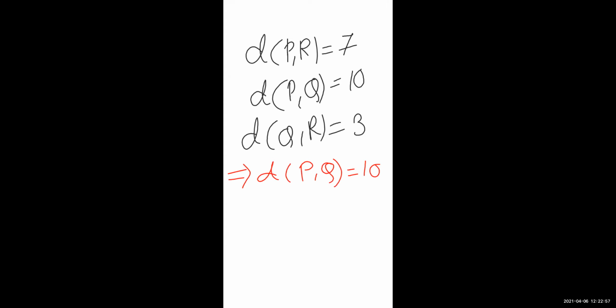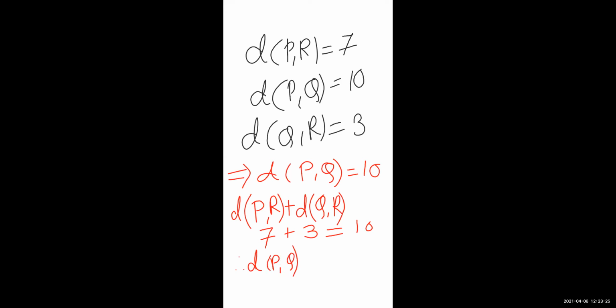Then the remaining two we have to add, that is distance of PR plus distance of QR. PR is 7 plus distance of QR is 3. So what is the answer? It's 10. So yes, distance of PQ is equal to the addition of PR plus QR.